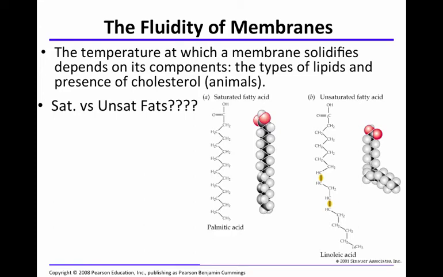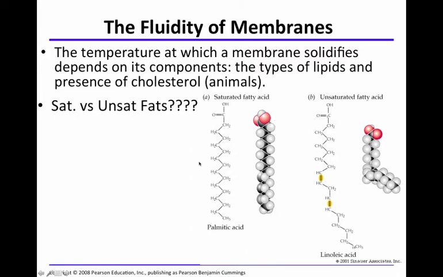The hydrophobic region of the membrane is composed of fatty acid tails. Whether these tails are saturated or unsaturated fats will determine the fluidity of the membrane. If you recall, saturated fats can stack on each other, one next to the other.